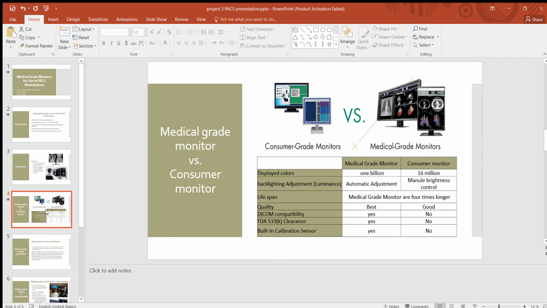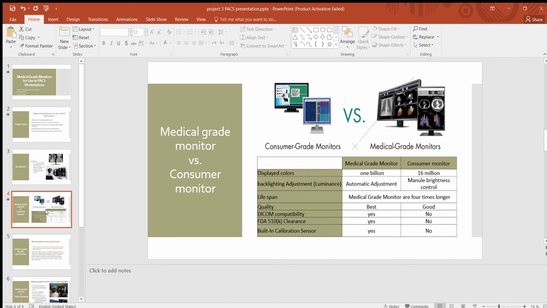Also the backlight adjustment is a very important element, because as we will see in the next slides, the better the luminance, the better the performance that will come out of the scans. Adjustment is automatic in the medical grade, and it's manual in the consumer monitors.